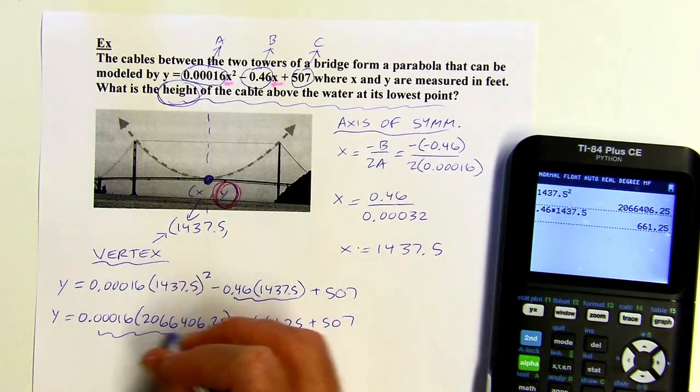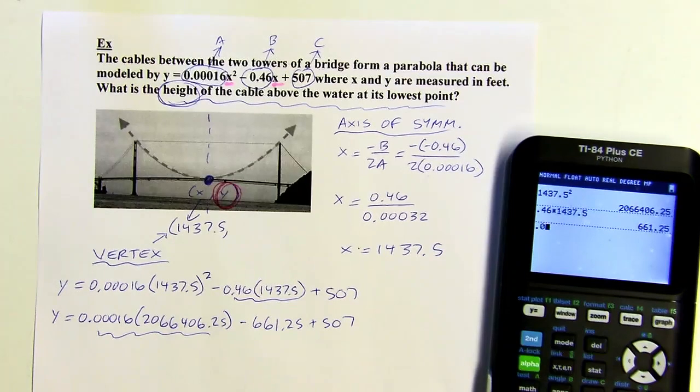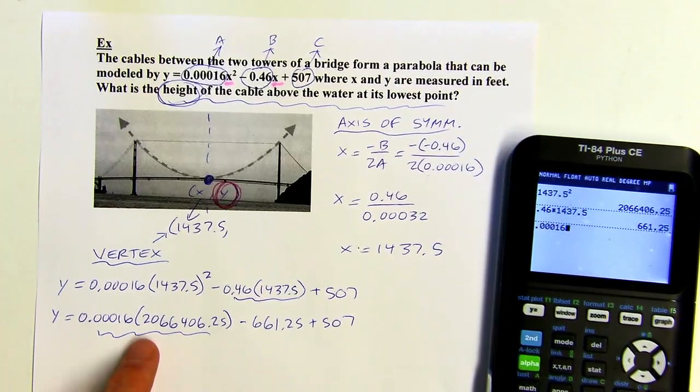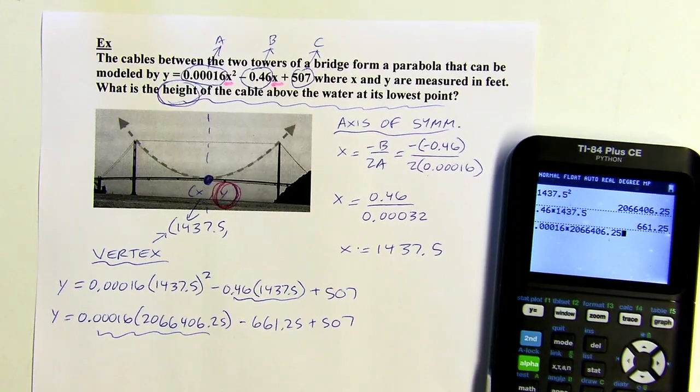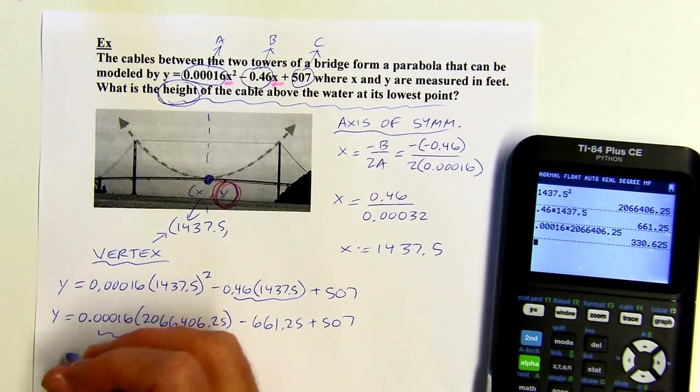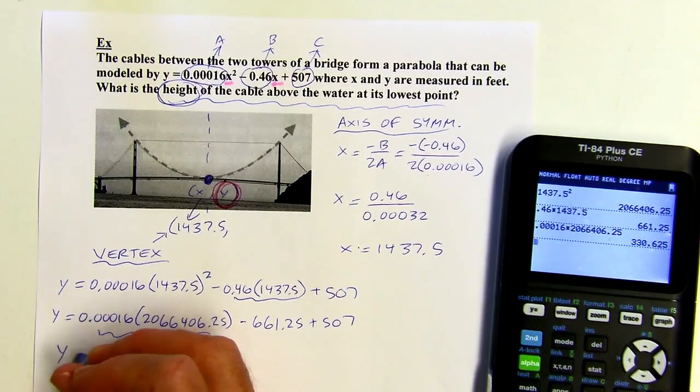Now I want to do this multiplication: 0.00016 times that number that begins with a 2. And I've got 330.625.